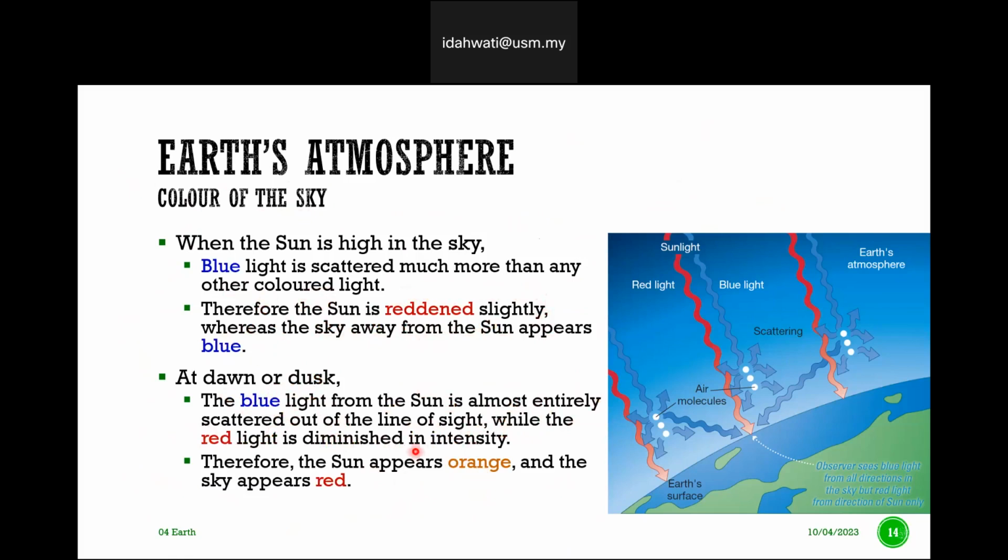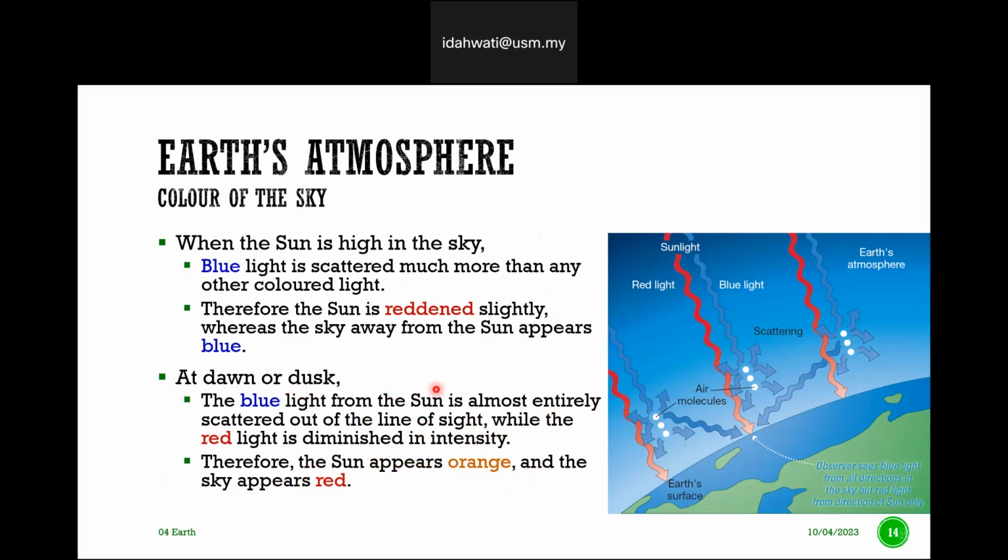Therefore, the sun appears orange and the sky appears red. That is the process.